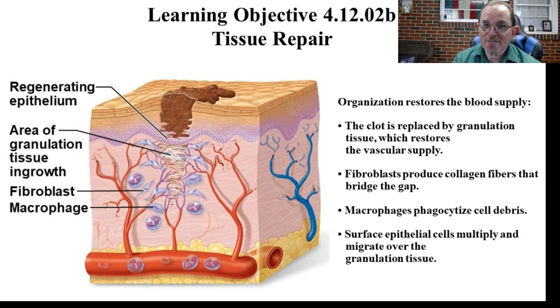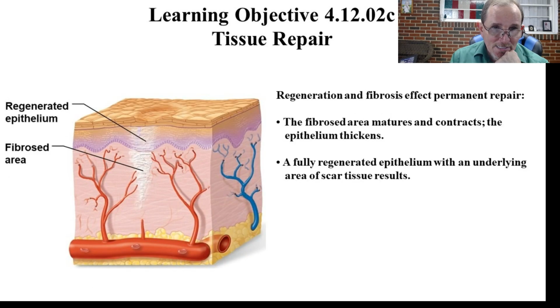The macrophages are coming out and they're getting rid of all the dead cells and all the damaged stuff. And now the epithelial cells of the skin are going to start dividing and trying to bridge the gap and make it like it never happened.